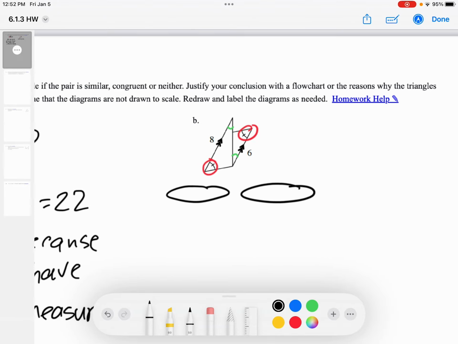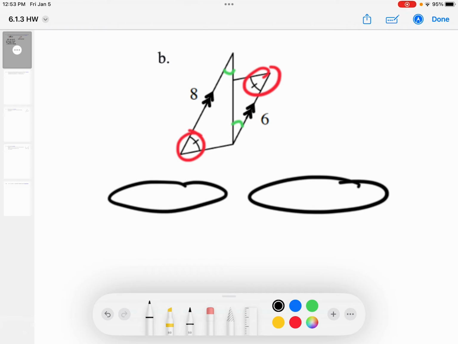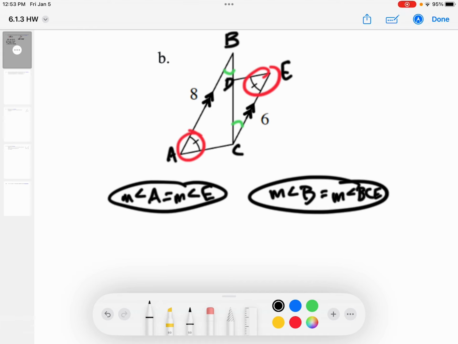So let's see, the question asks us to justify our conclusion with a flowchart. This is going to be a little bit tricky. I'm just going to make life easy. I'm going to label these vertices A, B, C, and I'm going to say this is D and that's E. Okay, so I'm going to say the measure of angle A equals the measure of angle E, and the measure of angle B equals the measure of angle BCE, to be very specific.